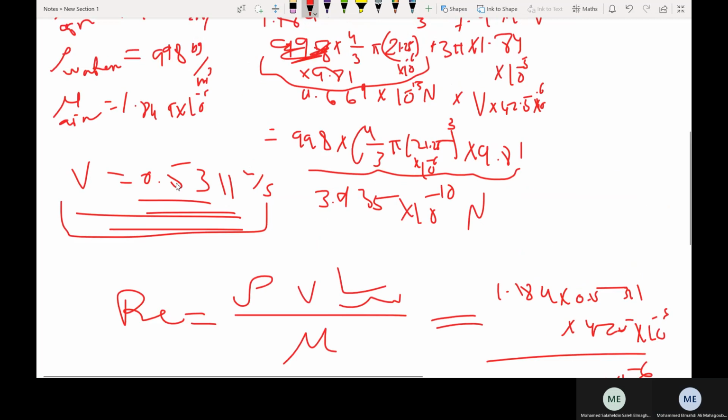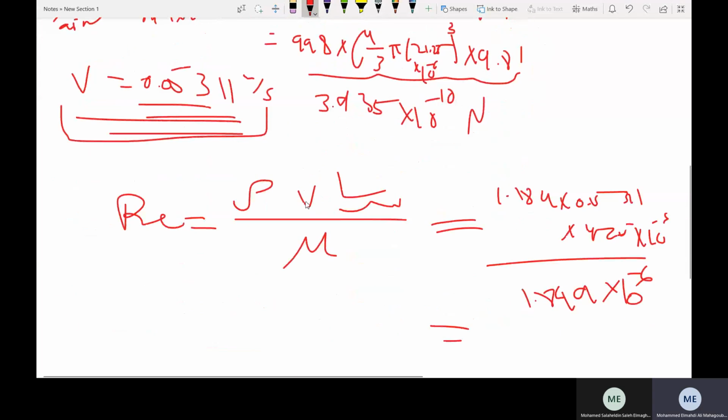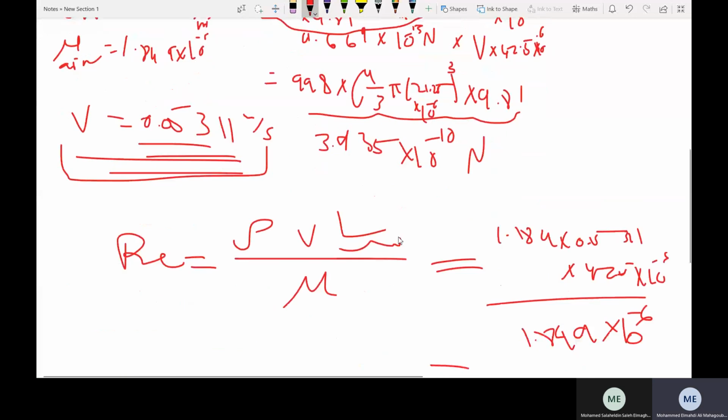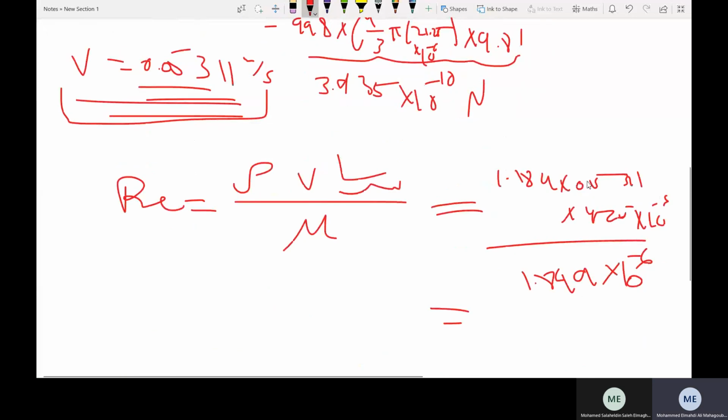And here the viscosity is on the order of 10 to the power minus 5. So now the Reynolds number is 0.1445, which is close to 0.